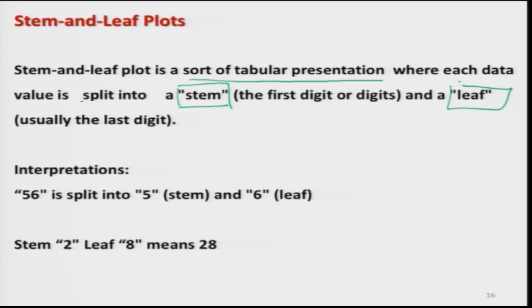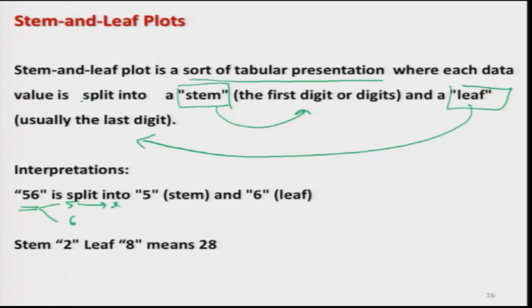Usually in a stem and leaf plot, the stem represents the first digit or digits of the data, and the leaf usually represents the last digit. For example, if I have the data value 56, then 56 is split into two parts, 5 and 6.